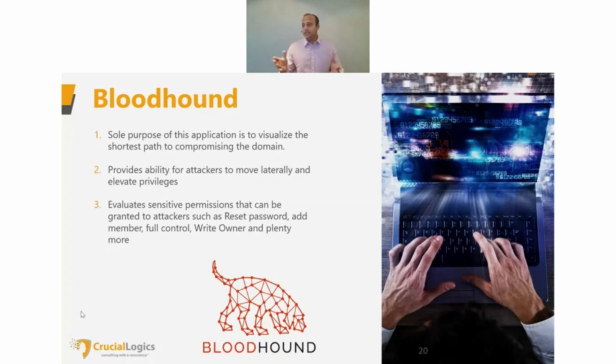Exactly that, Stephen. Lateral movement, east to west, right? The sole purpose of this tool is to basically find the shortest path to compromise the domain. It provides the attacker ability to move laterally and establish privilege, right? Basically, it literally maps for the attacker what path you need to take to get to the domain controller.